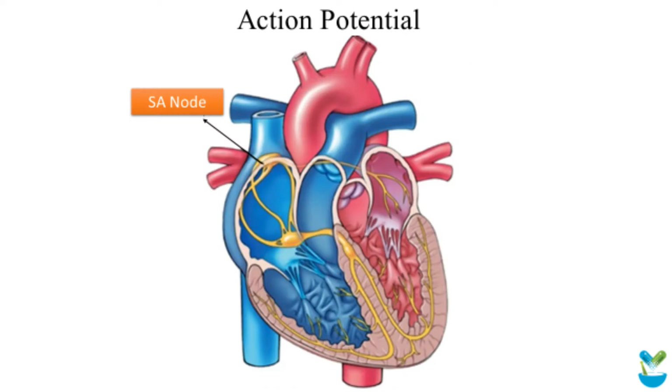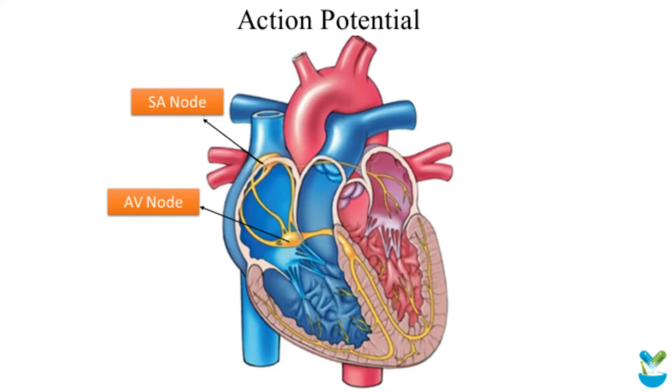The SA node or sinoatrial node is a natural pacemaker in the right atrium of the heart. It is like an electrically charged medical device or a battery which initiates electrical signals or impulses. These impulses travel from the SA node to the AV node, that is the atrioventricular node.